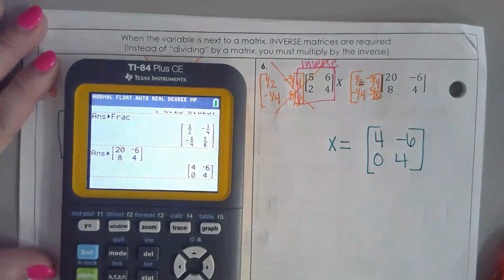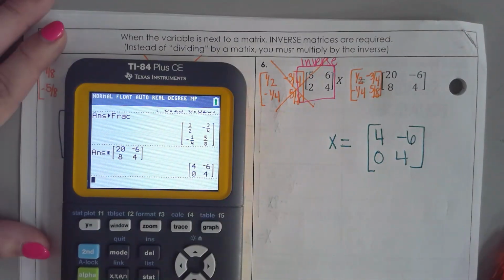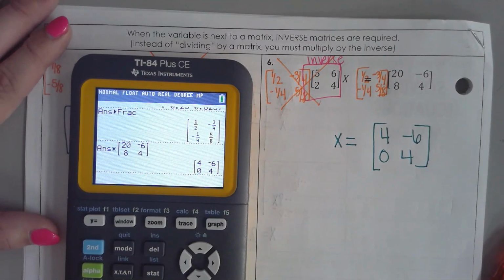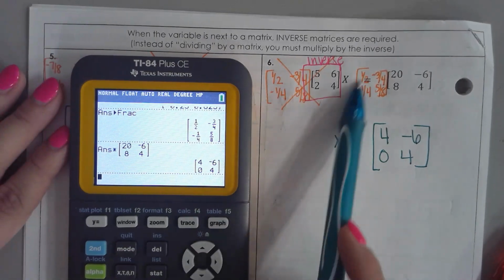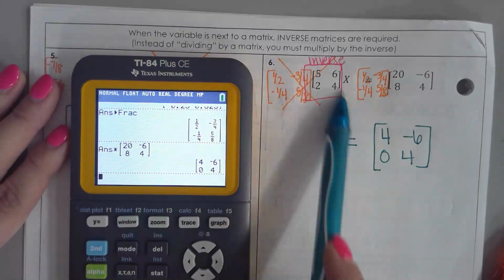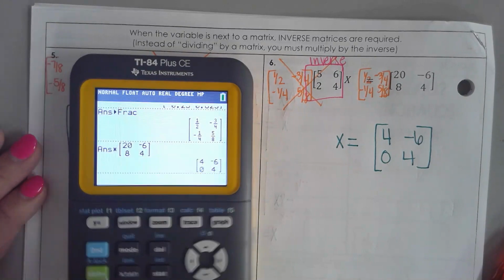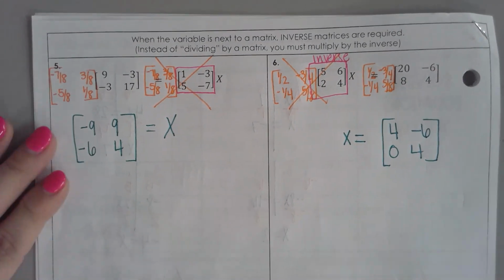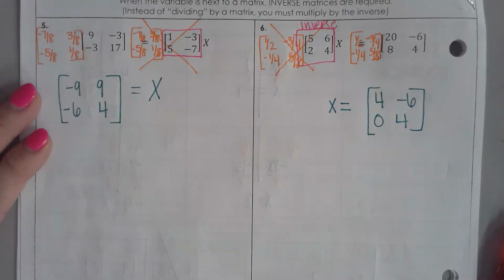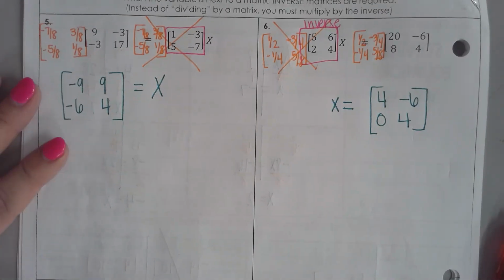We get 4, -6, 0, 4. Now, questions like this, you will only have like a 2 by 2 matrix to do, because you can't do the inverse of something else.